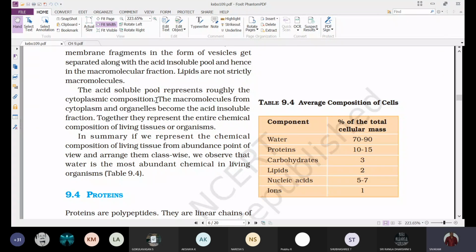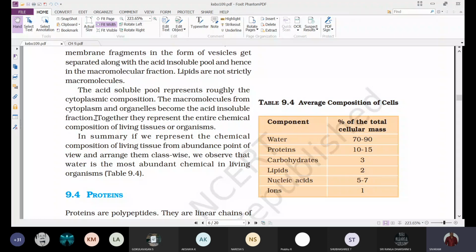Next, the macromolecules from cytoplasm and organelles become the acid insoluble fraction. These macromolecules are also present in the cytoplasm and cell organelles, but they are present in the acid insoluble fraction.